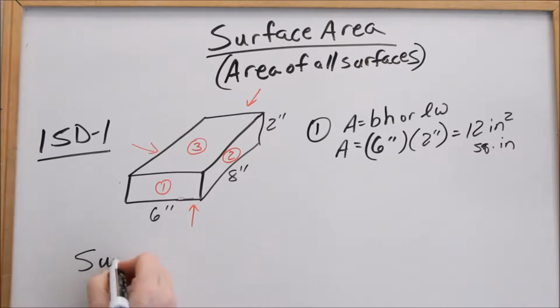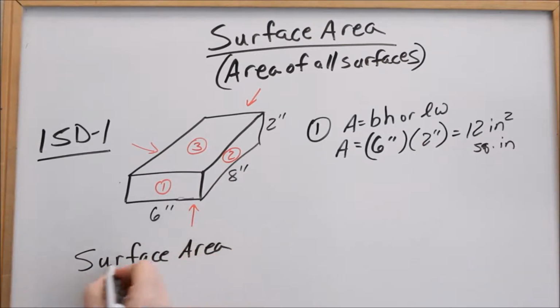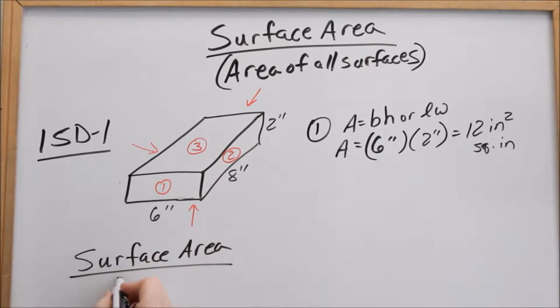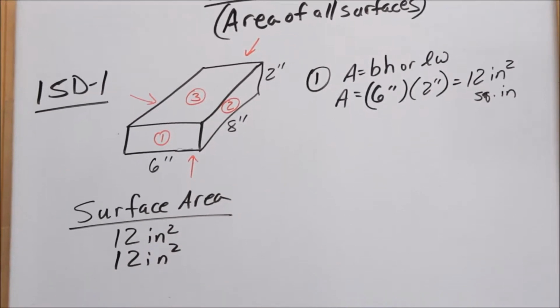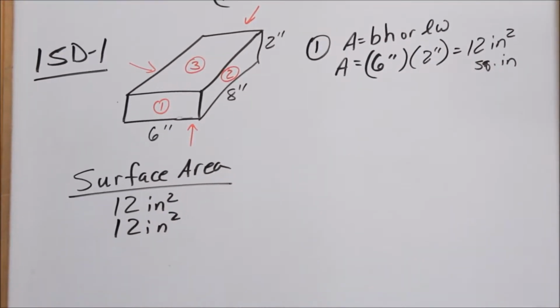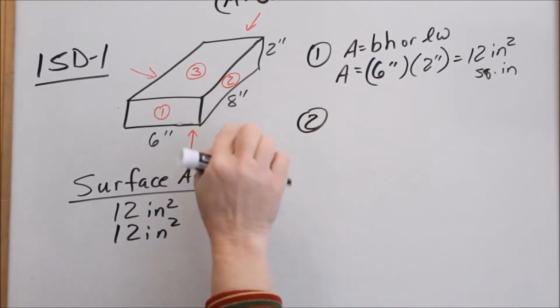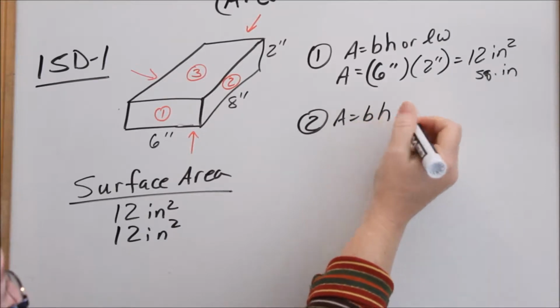So what I like to do for surface area is add all my areas. Rectangle number 1, that area was 12 square inches, and then that's going to be the same as that one back there, so it's another 12 square inches. I should be adding the area of 6 rectangles in the end. Okay, so rectangle number 2, that's this one right here. So area equals base times height.